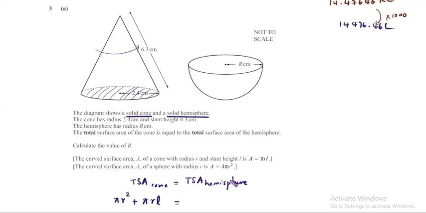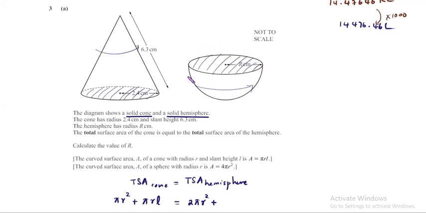The same way, if we are to calculate the total surface area of a solid hemisphere, it has this curved surface, which is half of the surface area of a sphere. So it's going to be 4 pi r squared divided by 2. That's going to be 2 pi r squared. With that curved surface, I should add this area as well.